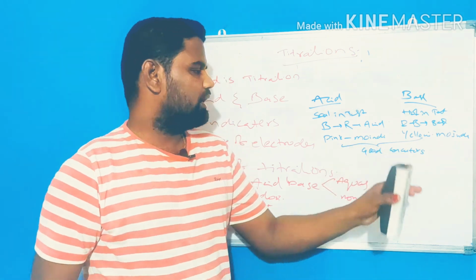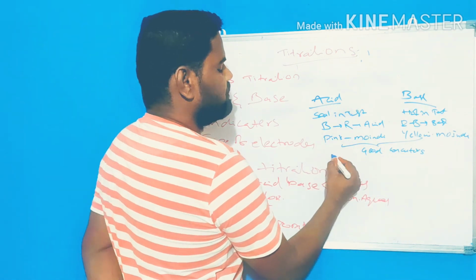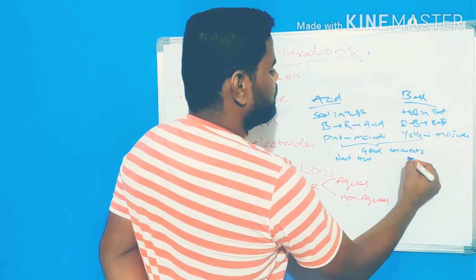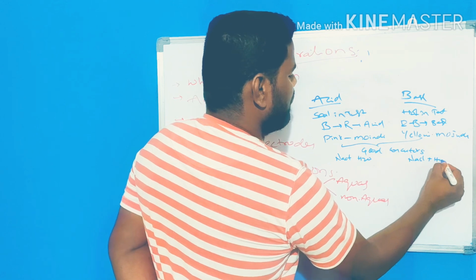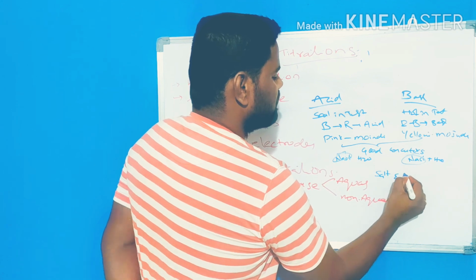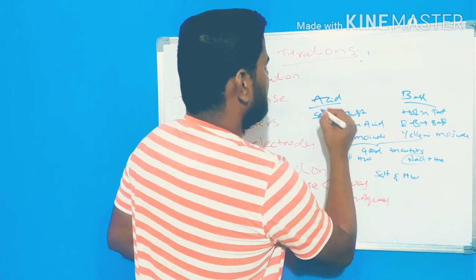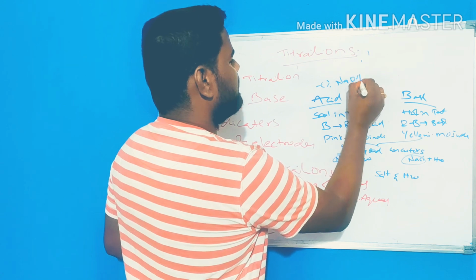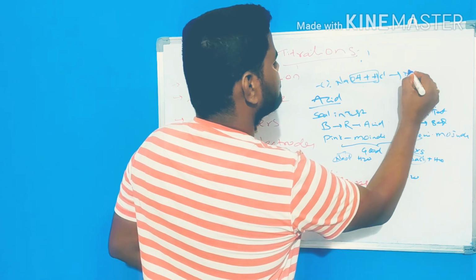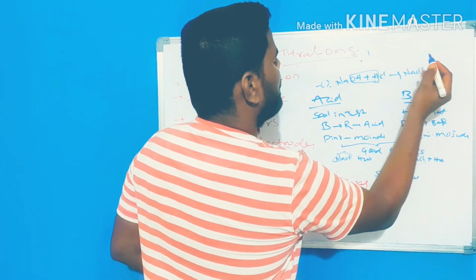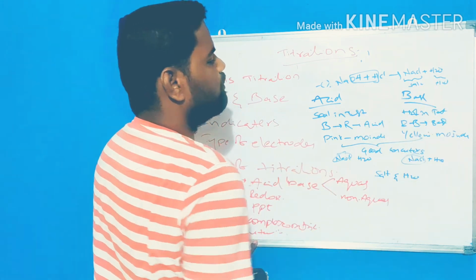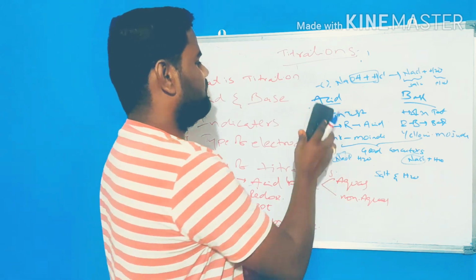Acid and base react to produce salt and water. Example, NaOH, a base, reacts with acid to give NaCl plus water. Here NaCl is a salt, and it produces salt and water.